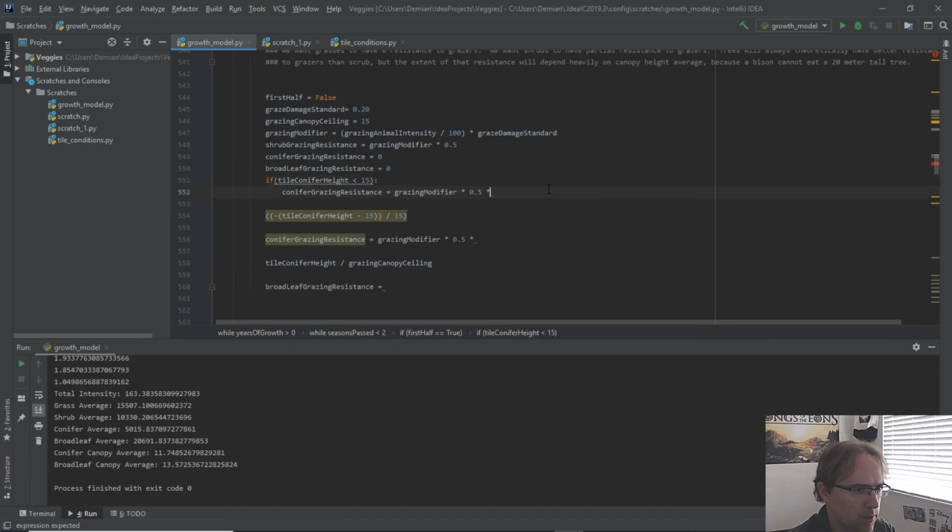And it would end up being 0.66. And we would put the ceiling in here, so that way we can modify the equation from the defines. Okay.